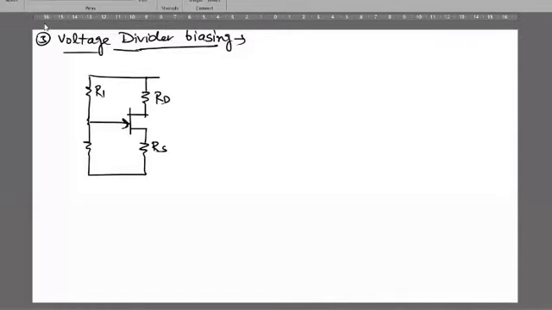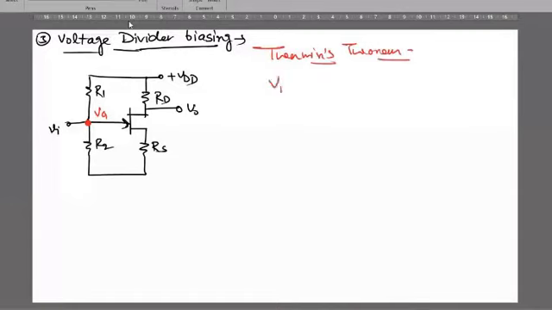RD, RS, R1, R2. Here you collect output, and this is plus VDD, and here you apply some input Vi. Fine. So in a similar way, we'll try to solve this numerical. We'll find this Vg using Thevenin's theorem. Using Thevenin's theorem, we can calculate this potential Vg, and Vg will be the voltage across this resistance R2.